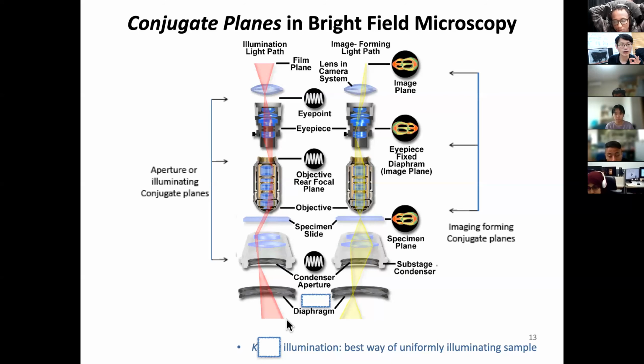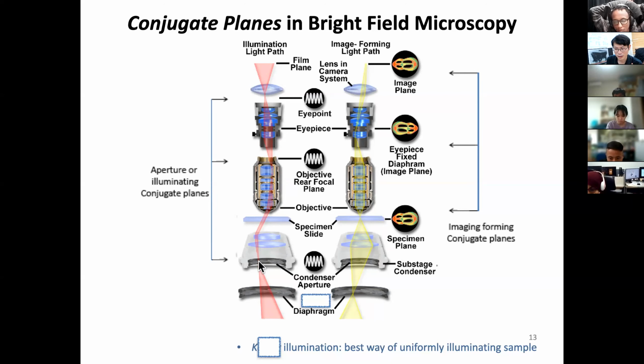Let's say your illumination comes from a lamp. The lamp, in fact, has a filament. So here is a condenser diaphragm and condenser. Look at the condenser: there's one lens, and you shine on the specimen as parallel light. That's very important, parallel light.